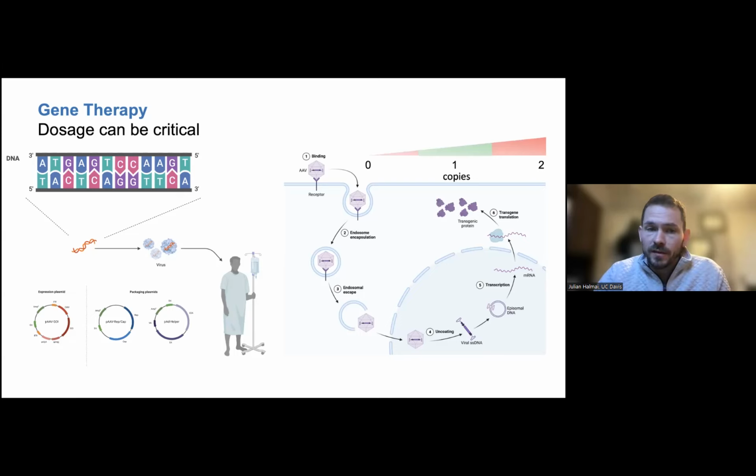One of them, generally speaking, with gene therapy as a whole, is that there are a lot of genes that are sensitive to dosage, as we call it. If you have too little, which you can see on the left side, that's pretty bad. And if you have too much, that could also be detrimental.